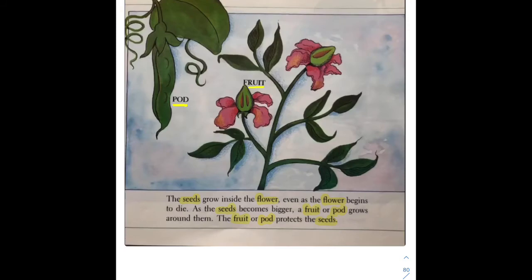After your pollinated flower kind of dies, if you notice these leaves here are getting all wilty and the flower is not as beautiful as it once was. But what is it leaving behind? Do you see that? This one here is called a pod.